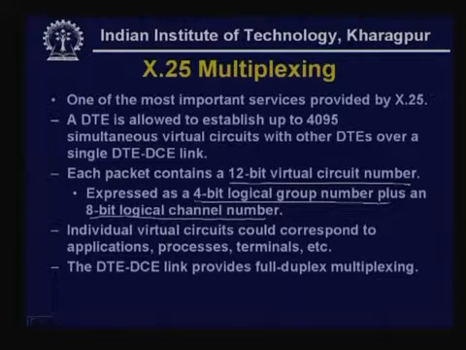Individual virtual circuits could correspond to applications, processes, terminals, etc., so you can divide as per application, process or terminal. Then the DTE-DCE link provides full duplex multiplexing. That means data communication can be done in both directions, not just one, through the same link by using in-band signaling.